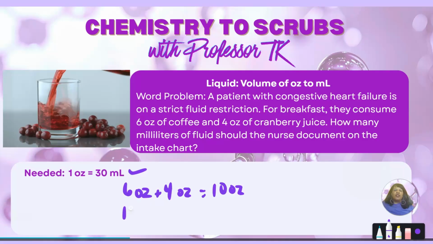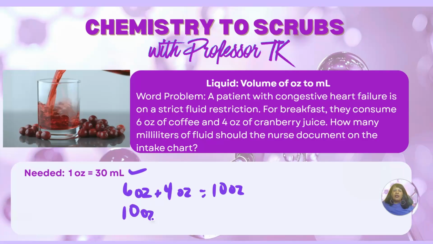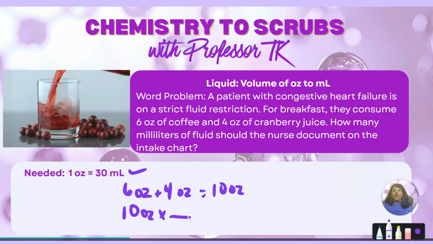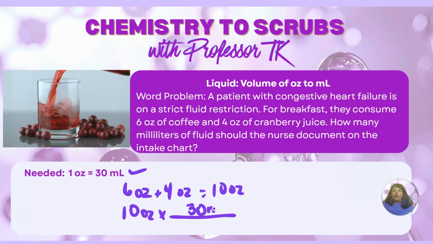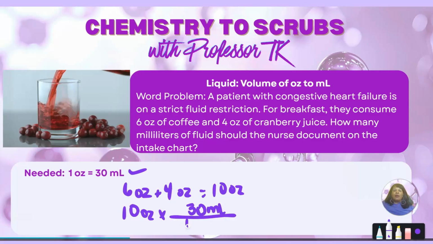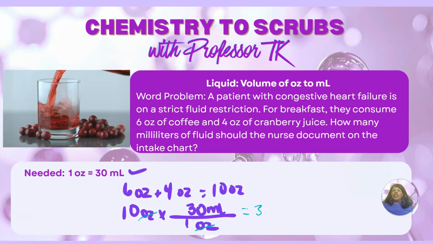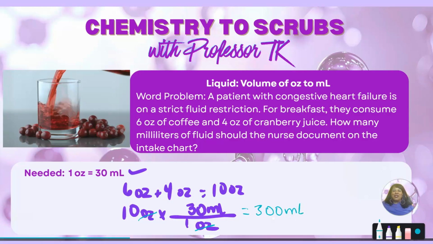So to document this, you're going to take the 10 ounces, and remember, the unit you are striving for goes on top. So I'm going to, in essence, put 30 milliliters on the very top. And on the bottom, the units that I want to get rid of are the 1 ounces. So I'm going to go ahead and cancel out those ounces, and I'm going to multiply 10 times 30. That's going to give me 300 milliliters.